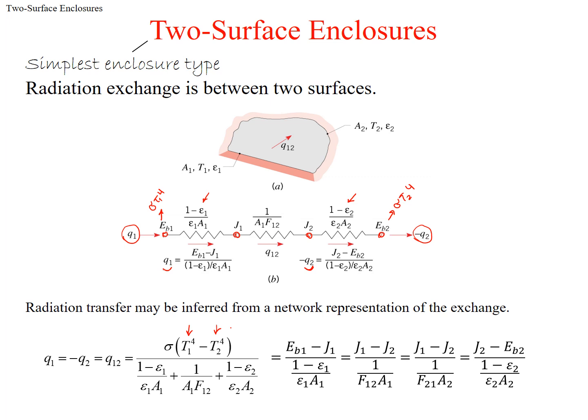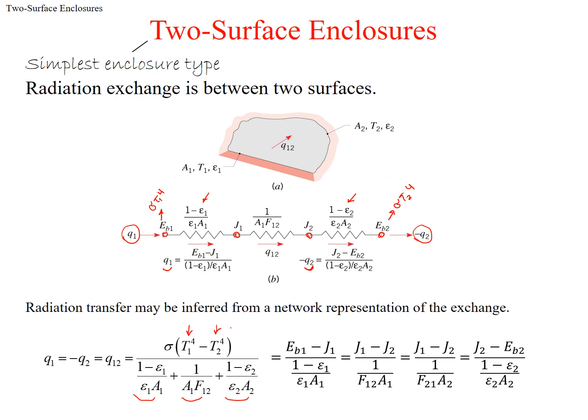This is much like what you saw in conduction heat transfer. Depending on what nodes you know values of, you pick those two nodes and write the resistance between them. Here, all the resistances appear in series, so it's very easy to deal with. We have added up all the resistances because the nodes are the two sides of the circuit, from the very left side, EB1, to the very right side, EB2.